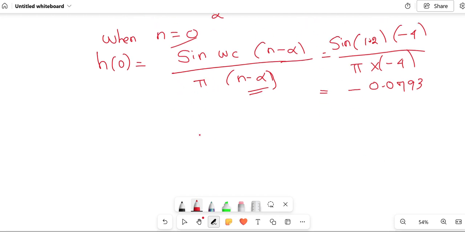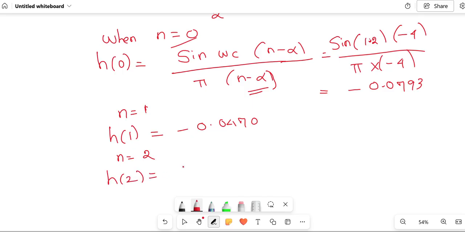Similarly, you find for n is equal to 1, so you have to find h of 1. Again similarly, 1 minus 4 is minus 3. Substitute, I will write the answer directly: minus 0.0470. Similarly, when n is equal to 2, you will get h of 2. Do not simply write the answer, substitute properly and use the calculator.